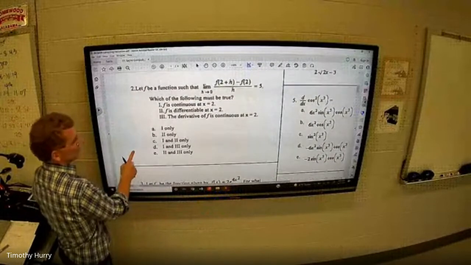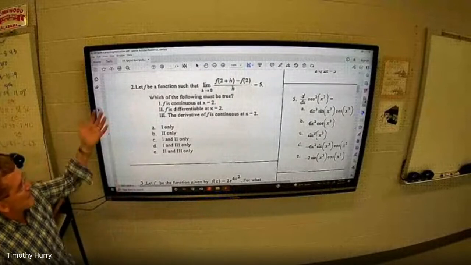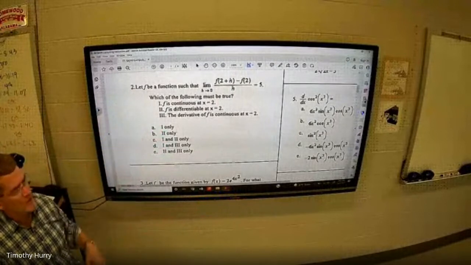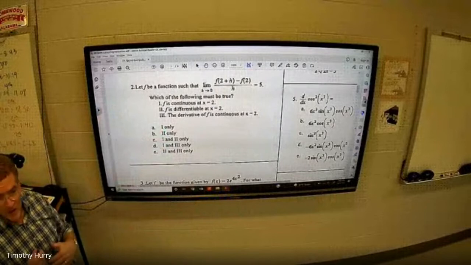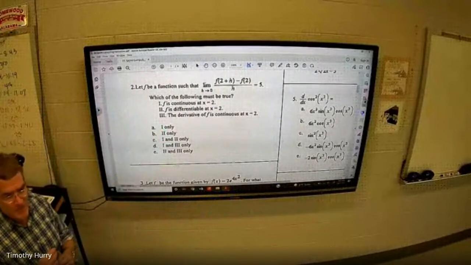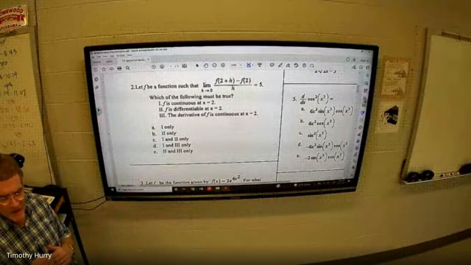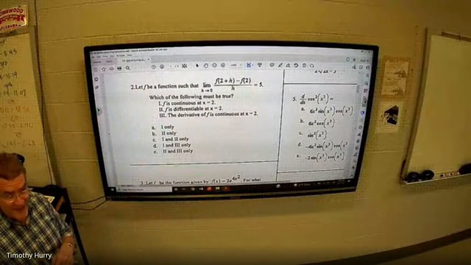Here's number 2. Let f be a function such that, blah, which of the following must be true? Now, they're expecting you to see something with this. What do you see? The definition of a derivative. That's what they're expecting you to see. Of what? Of f of x at 2.